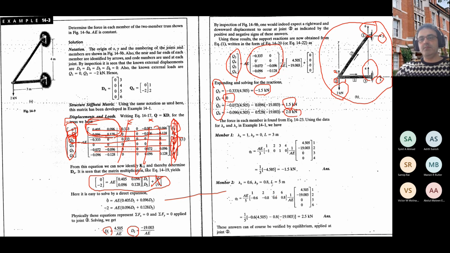You will have only number 3, which is minus 1.5 times this length, which is 4 meter, which you will get minus 6. And this is 2 kilonewton times 3 meter. You will get plus 6 kilonewton meter. And altogether, the third equilibrium equation is valid.